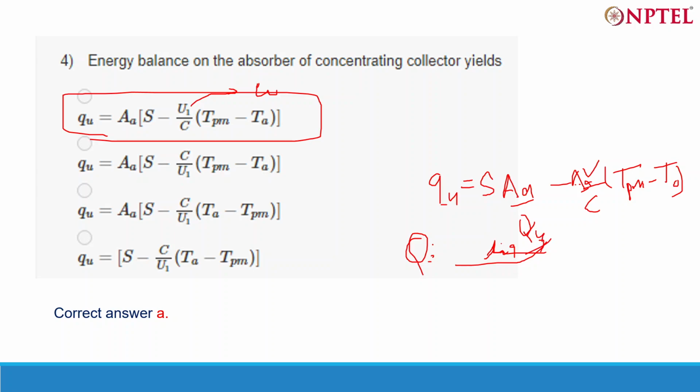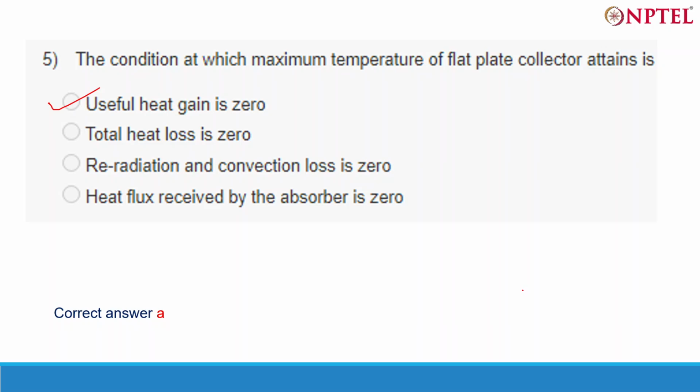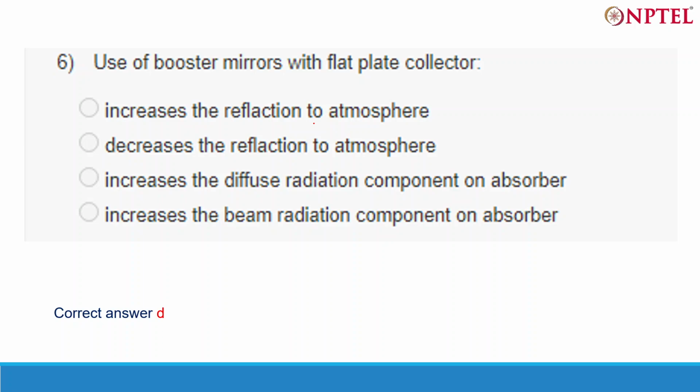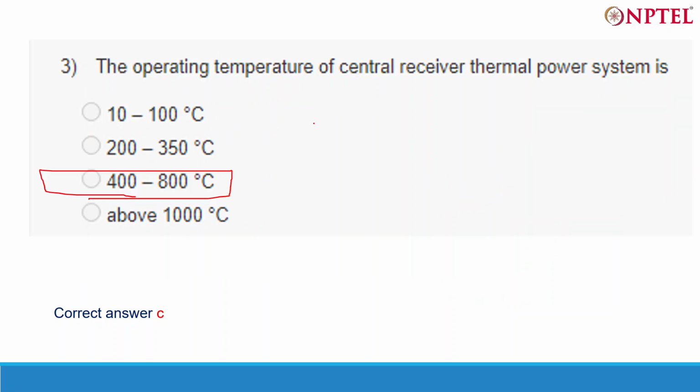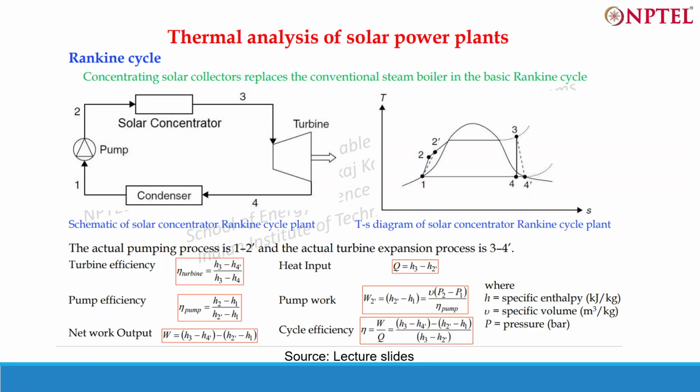If this is 0, the system will have all the heat going into raising the temperature. That's why the correct answer is useful heat gain is 0. I will not go into this question unless we discuss some theory. So let's say I leave you here so that you can have a good understanding of the theory portion. Okay.